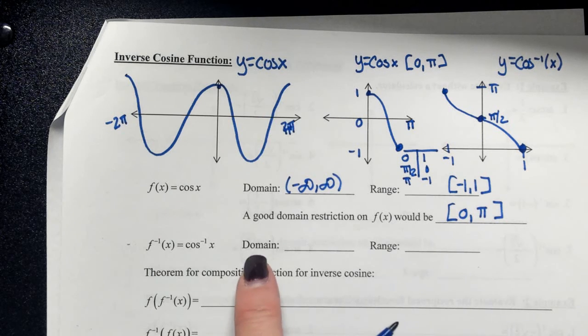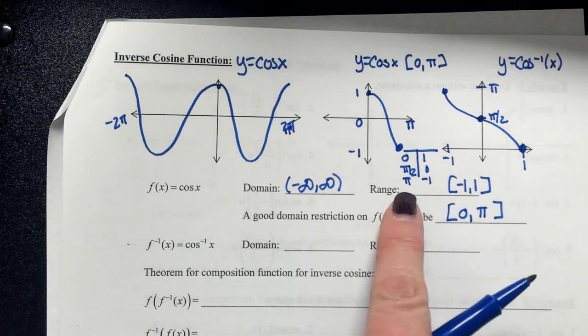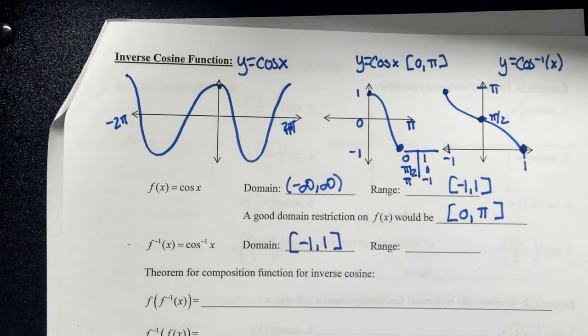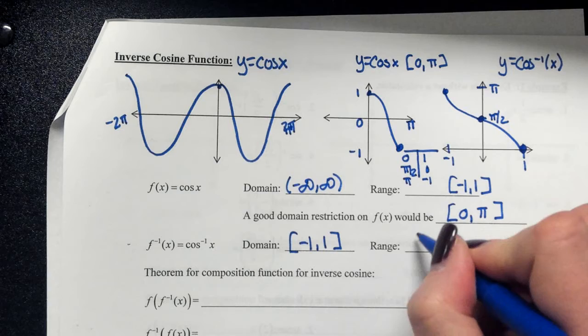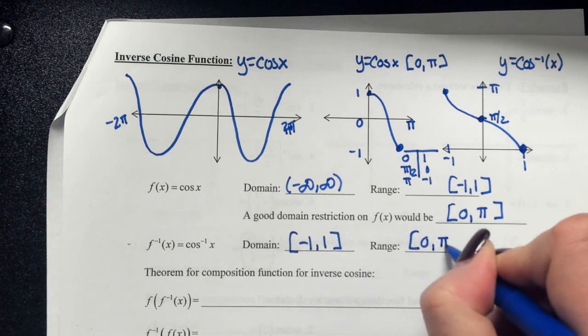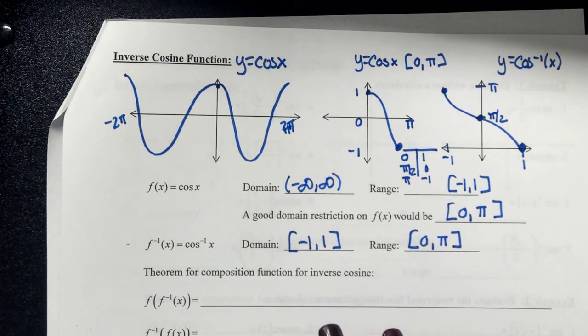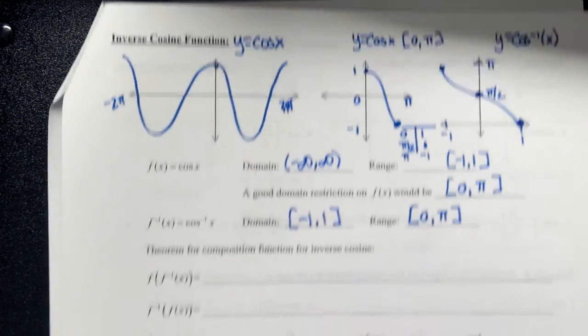So then the inverse cosine's domain will be the same as the range for cosine of x, so it goes from -1 to 1. The range is that restricted domain of 0 to pi. Again, we're going to do composition later on in the unit, so we'll talk about the composition rules later.